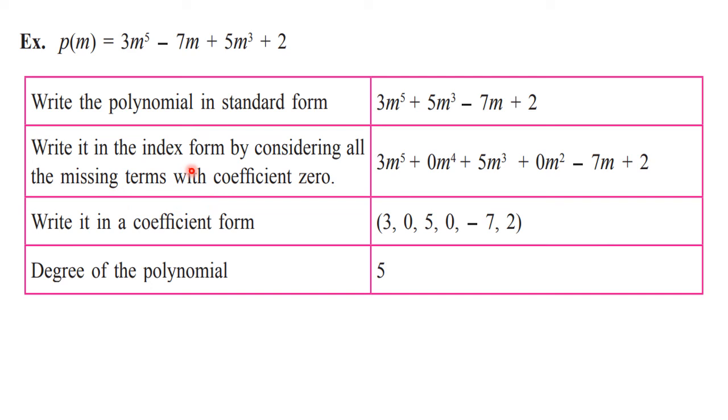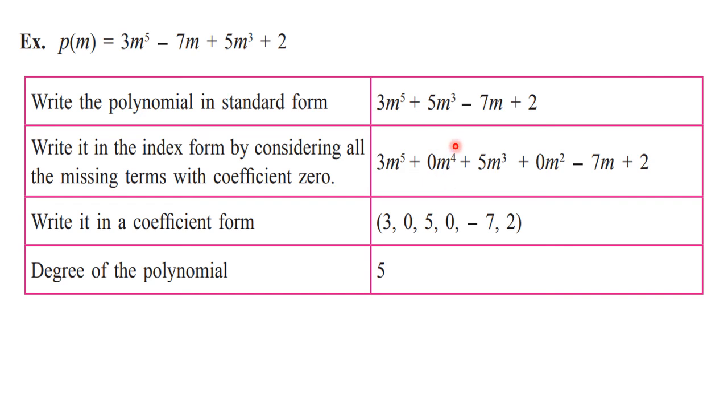Then next is index form. Index form means you should write all the missing terms. Now since the degree of the polynomial is 5, we should have 5 plus 1, 6 terms. But here only 4 terms are there, meaning 2 terms are missing. So which are those missing terms? See, 3m raised to 5. After m raised to 5, we should have the term with m raised to 4, which is missing.